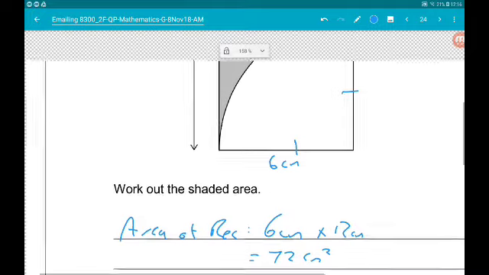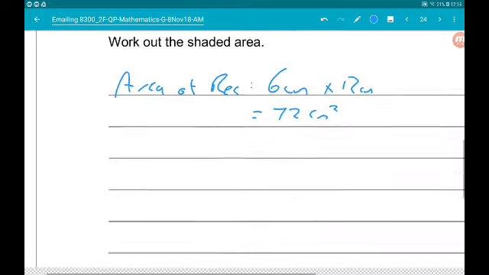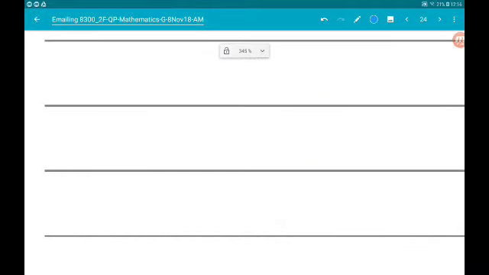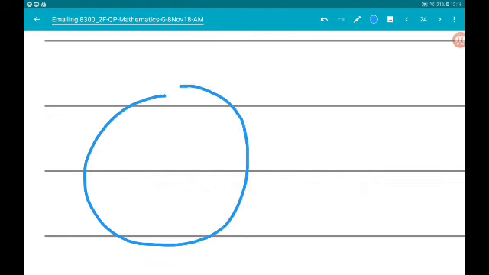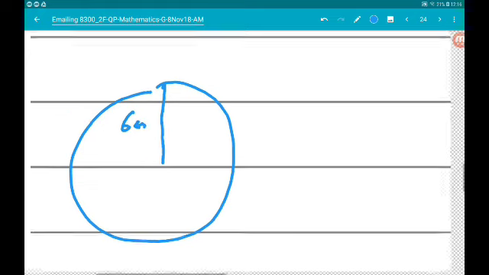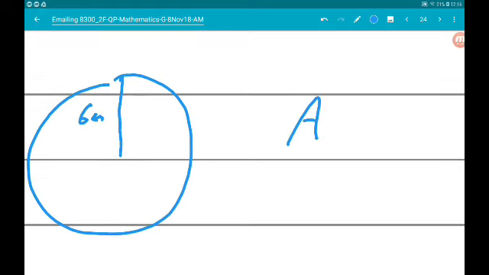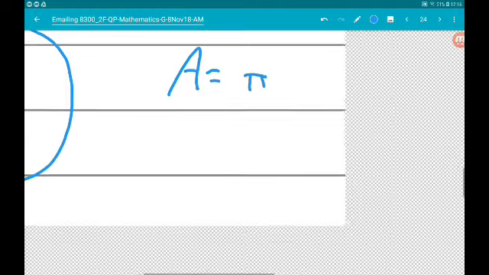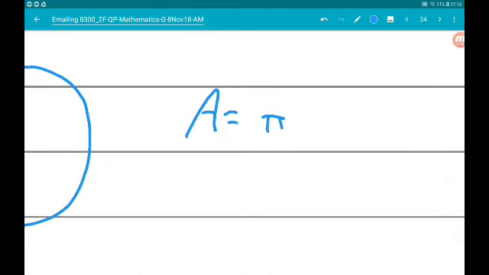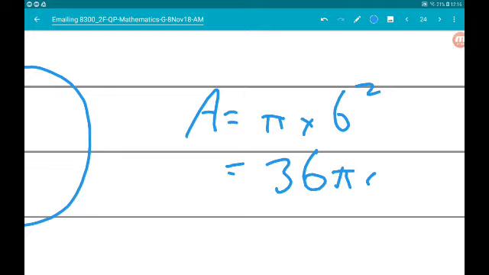Now then, if we had a whole circle with radius 6 centimeters, the area would be pi times the radius squared, so times 6 squared, so that would be 36 pi centimeters squared.